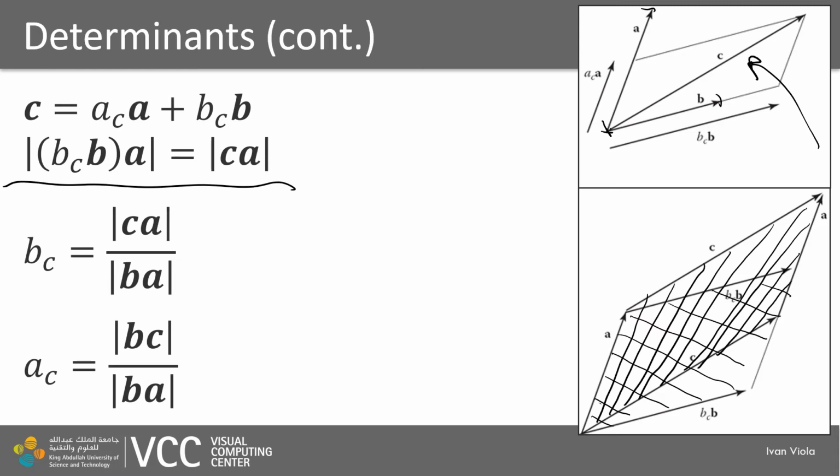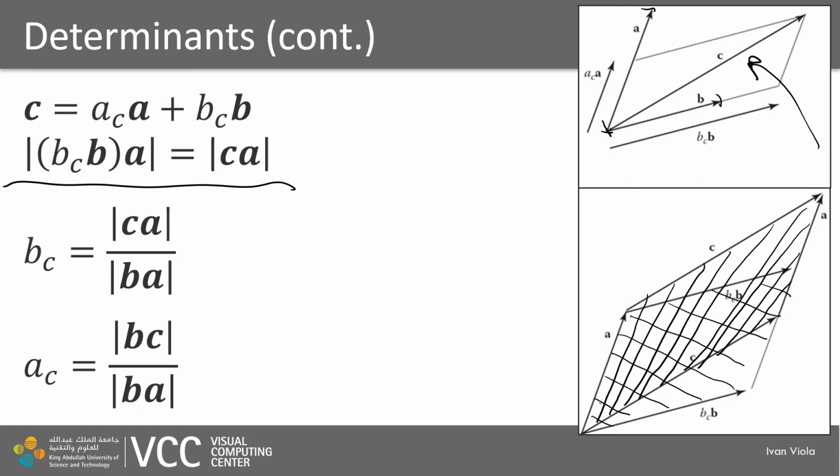So if this holds, then we can also take out from this determinant the factor BC, because we know that a scaled side will correspond to the scaled area. So we can take it out.